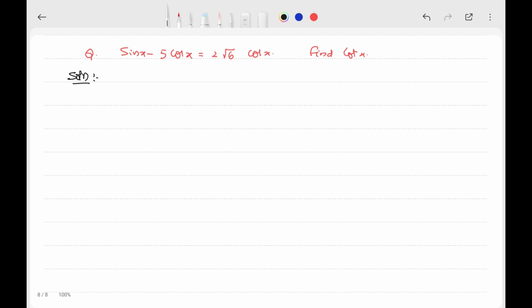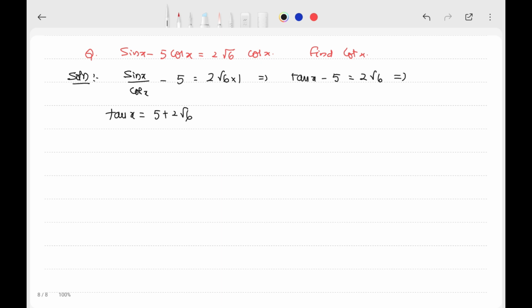What happens? sin x by cos x minus 5 is equal to 2 root 6 into 1. Do you agree? That means tan x minus 5 is equal to 2 root 6. That means tan x is equal to 5 plus 2 root 6.